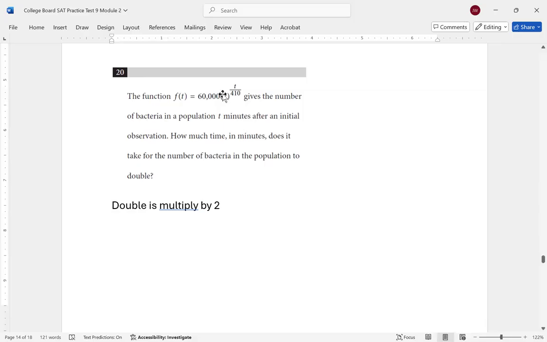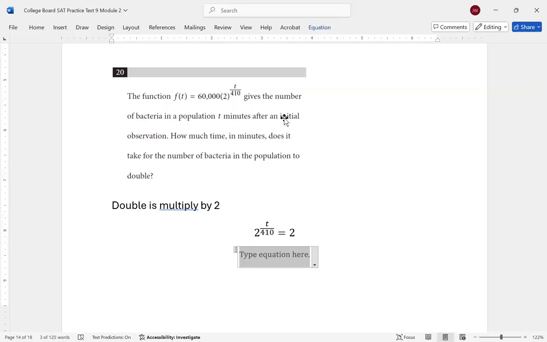Here our base is 2, and we're raising that to the t over 410 power. So basically, I just need 2 raised to the t over 410 to actually be equal to 2, or 2 to the first power.